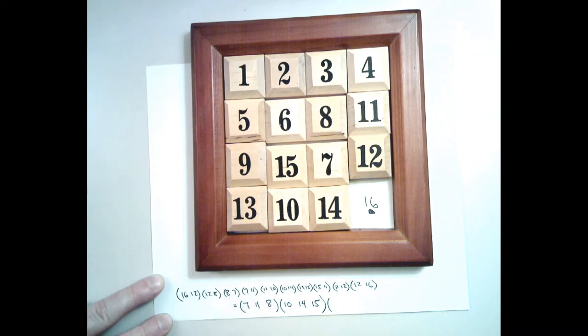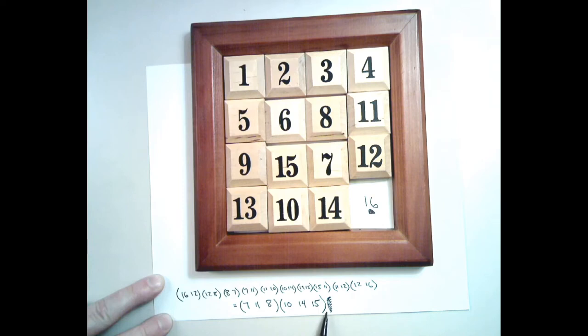So 16 also remains fixed. So it looks like I'm done here. I didn't need to start a new cycle at all.